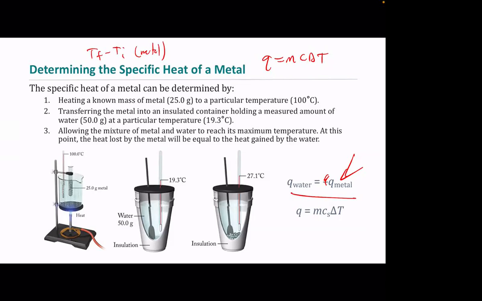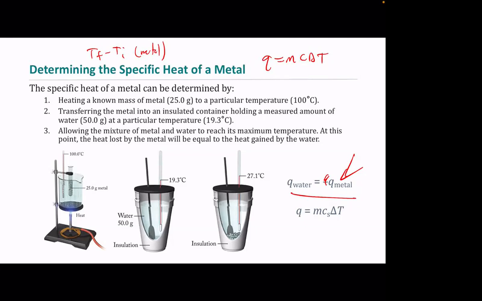I simply solve for Q for the water, put the Q in, and then solve for the metal. I don't worry about setting them equal to each other, or the T final, T initial. I just ask, what's the temperature change, as a positive number? Solve the equation twice. It's no different, really. It's just whether you want to set them equal to each other with a negative sign there.